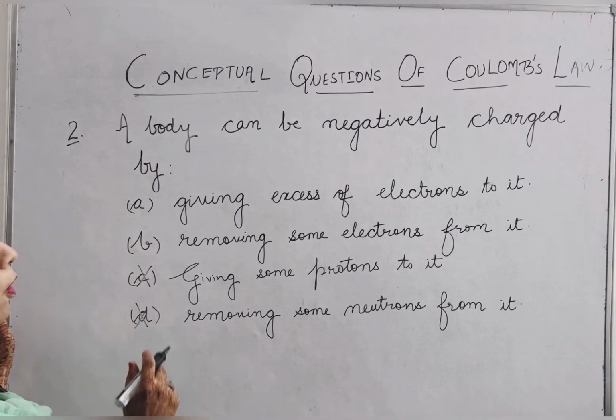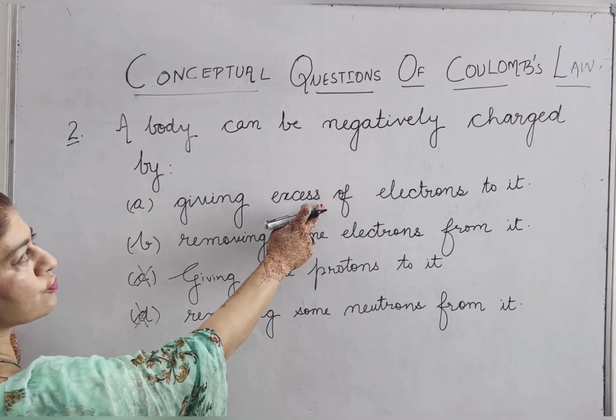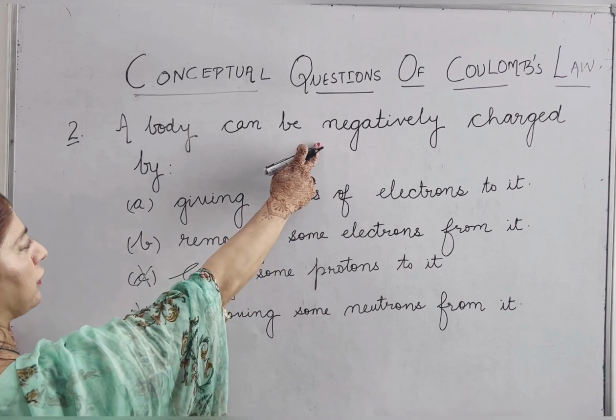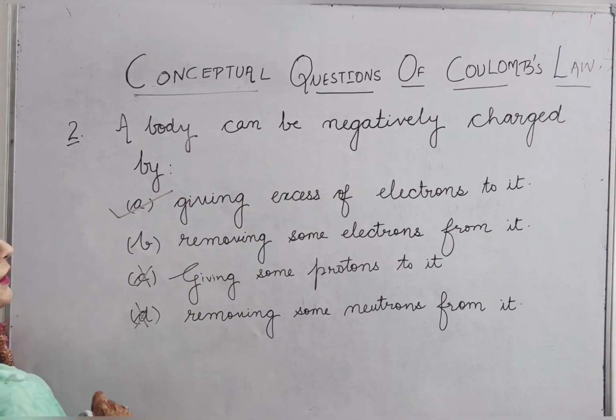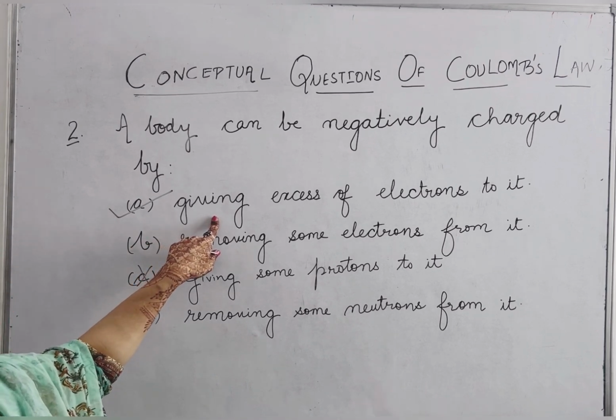From these two options, the body that is gaining, when we give the excess of electrons to it, will become negatively charged. So option A is the correct option for making a body negatively charged.